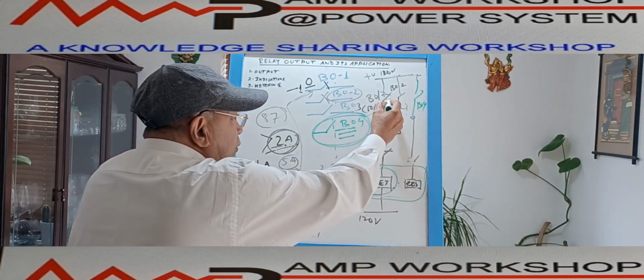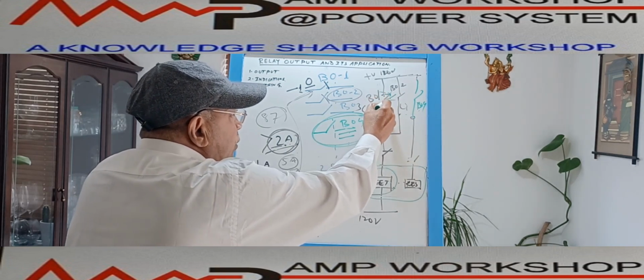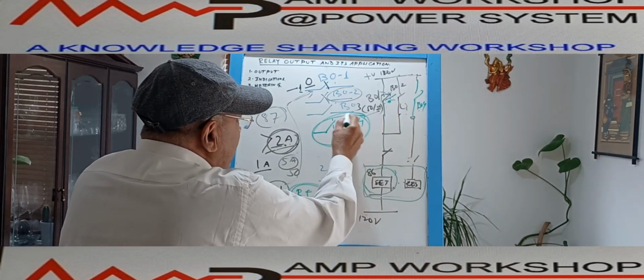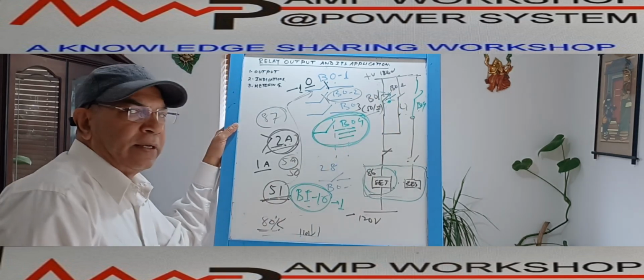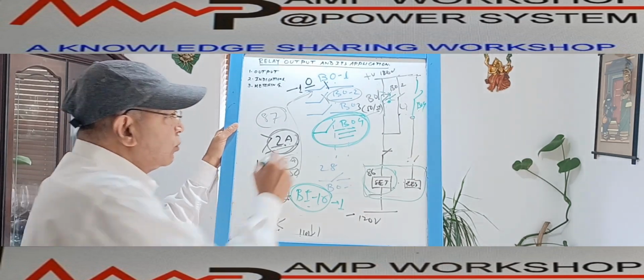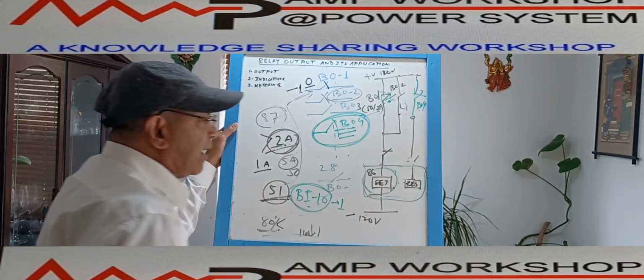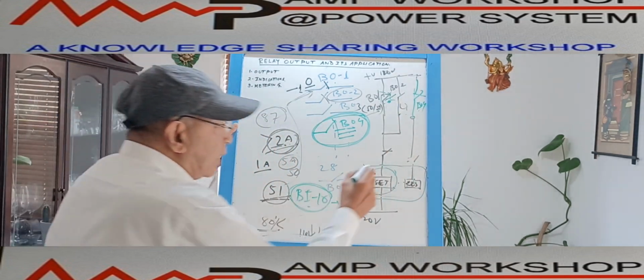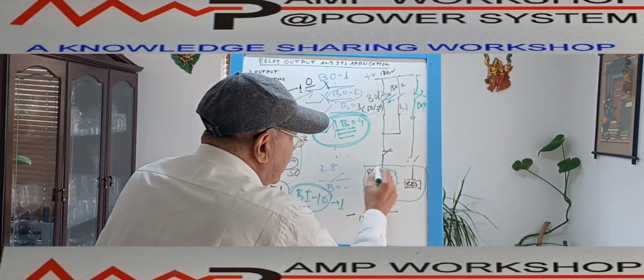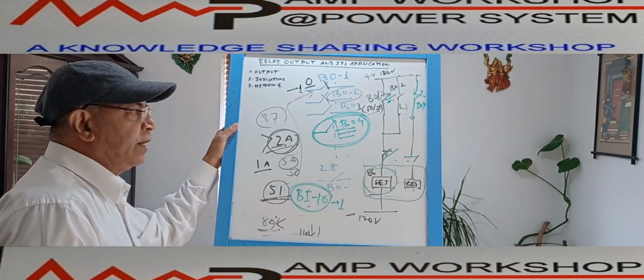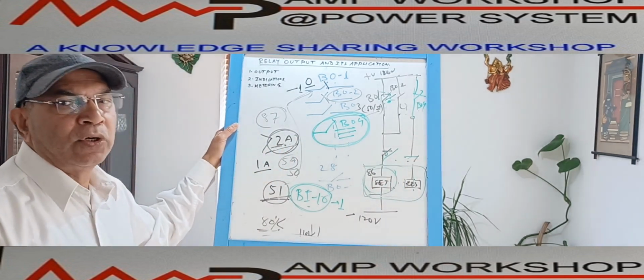The moment the overcurrent condition gets out, this contact becomes NO. So when this condition becomes NO, immediately it will be identified that the fault has cleared. So then B04 will be activating, and it will activate the reset relay, because the moment this reset relay is operating, it becomes NC, it becomes NO. So this reset relay is operating and the relay will come back to normal.